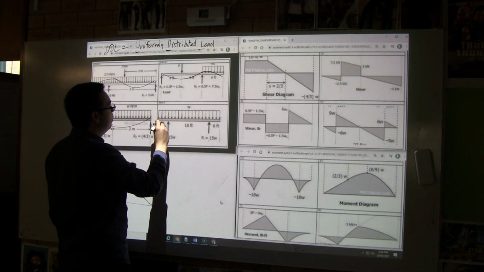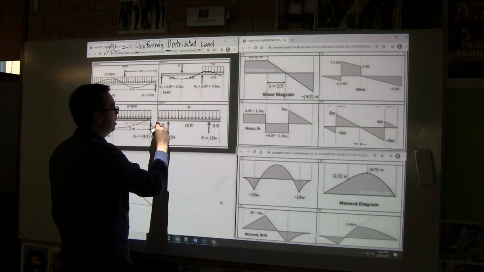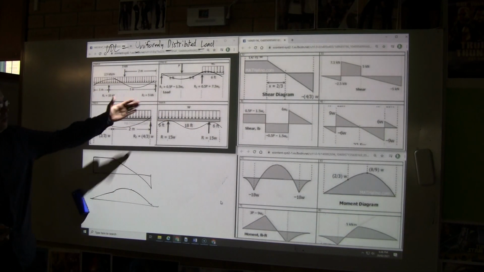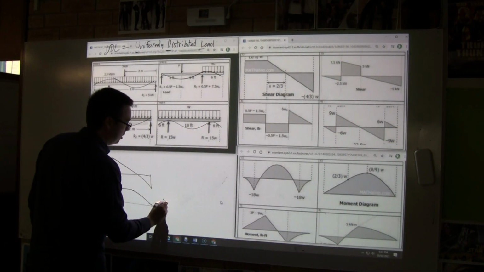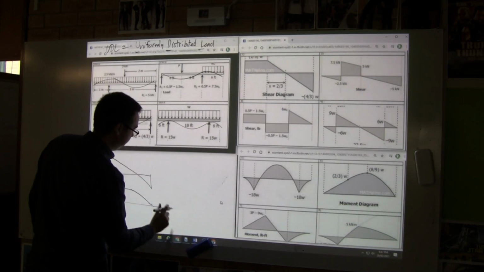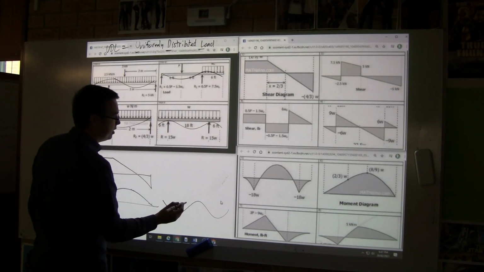That will give you an idea of what your bending moment diagram is going to look like. This one will look like this. And when you think about how it's going to bend, you then flip it upside down, and so we're going to get a diagram that looks something like this. I just don't know the exact values.